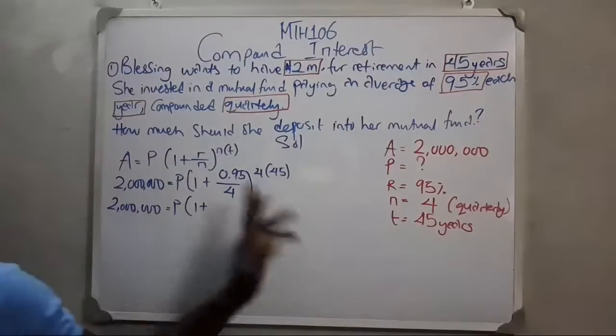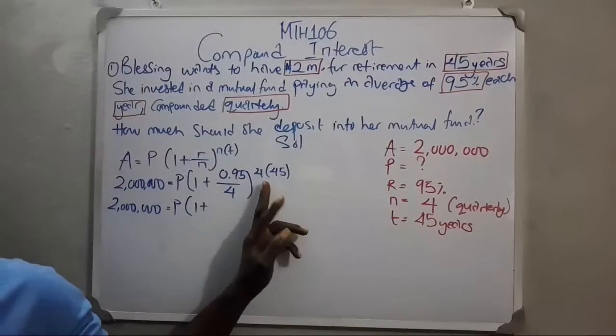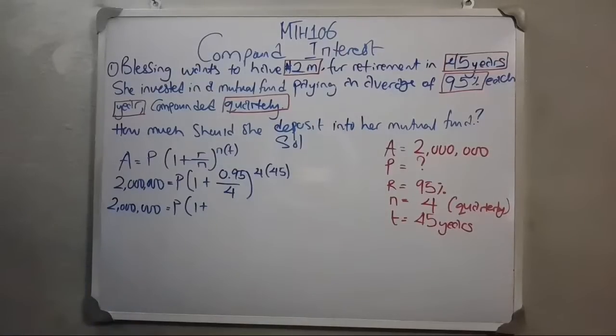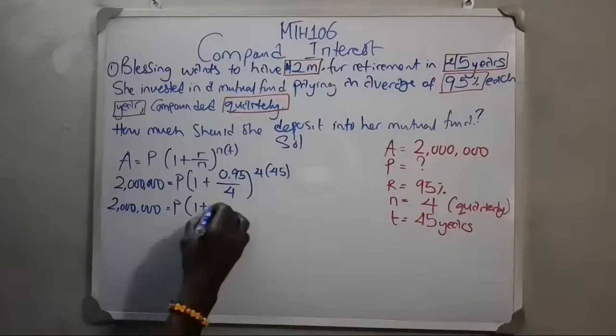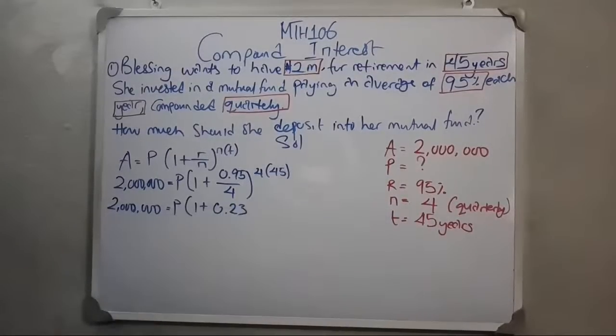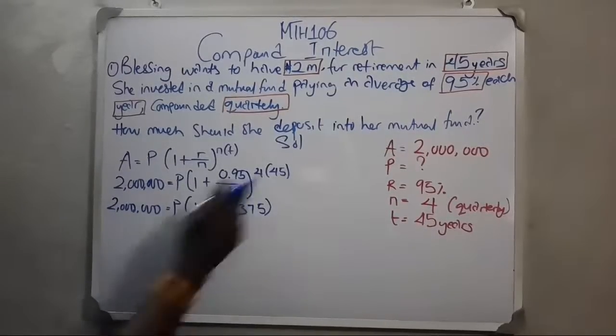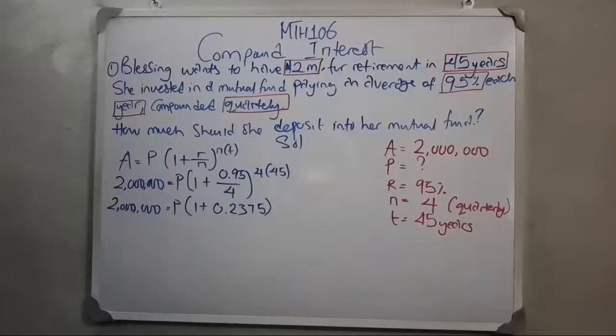Another person should multiply 4 into bracket 45. 0.95 divided by 4 should give us 0.2375. And 4 into bracket 45 should give us what?